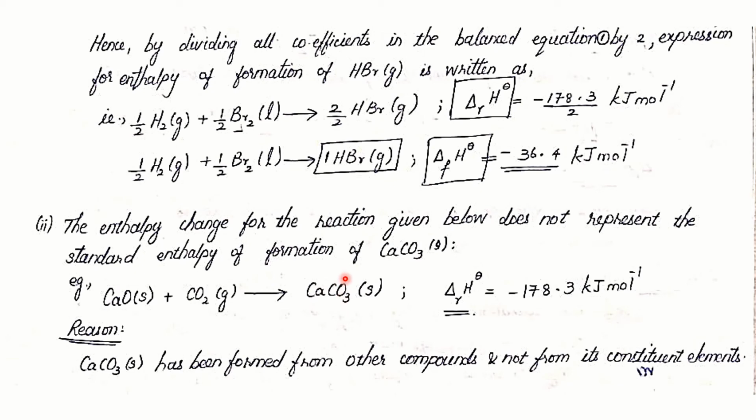Clear? But by the reaction between two compounds, which are calcium oxide and carbon dioxide. That is why the enthalpy change associated with the formation of 1 mole of calcium carbonate is not standard enthalpy of formation, but it is written as standard enthalpy change of reaction. Okay, and its value is found to be equal to minus 178.3 kilojoules per mole.